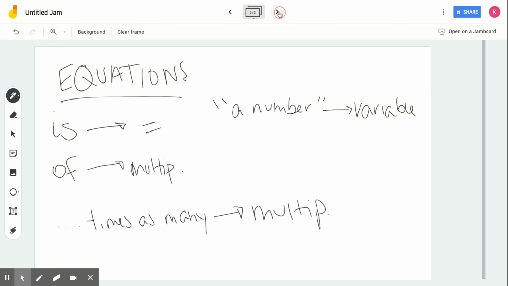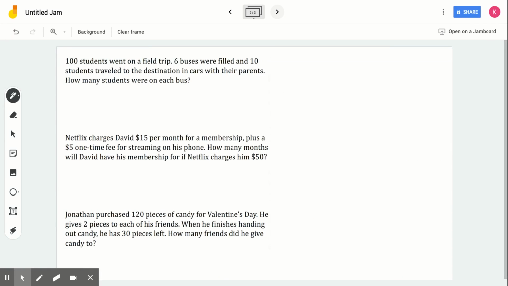Now we want to go through and talk about some problems. So the first one here says 100 students went on a field trip. 6 buses were filled and 10 students traveled to the destination in cars with their parents. How many students were on each bus? So here we can see that we have a total of 100 students.